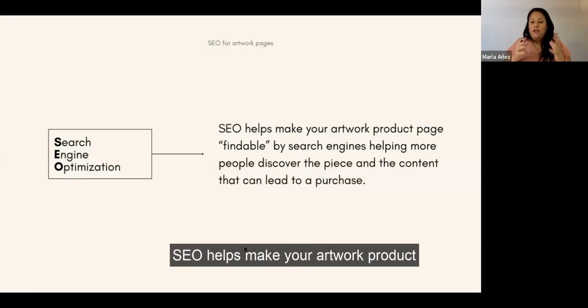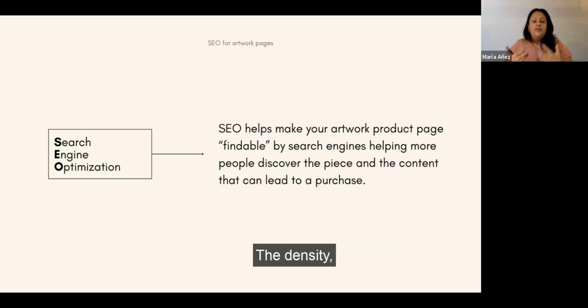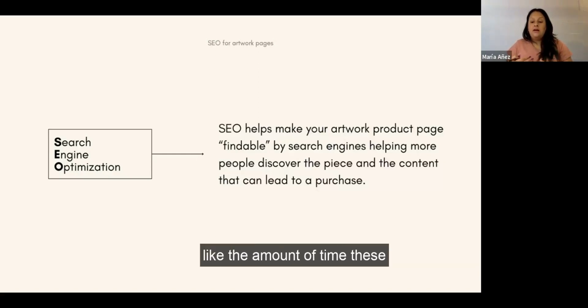SEO helps make your artwork product page findable by search engines. The density, like the amount of times these keywords appear across the whole page. We're not talking only about the description text that you see at the side of an artwork. We're talking about the titles, the name of the image files that you upload, the description, a meta description of the page.